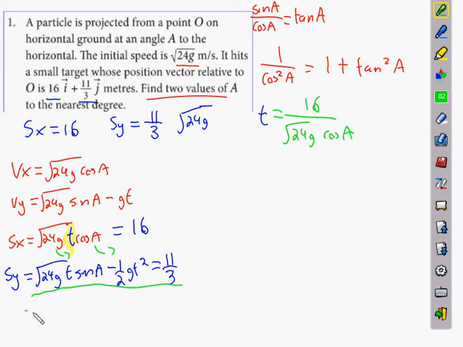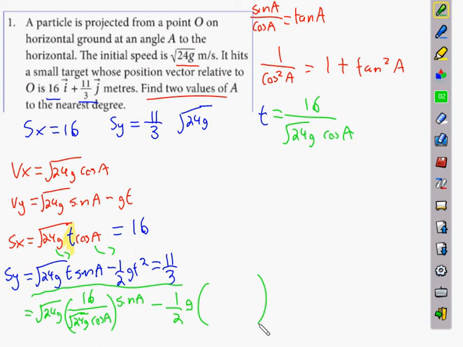So we're going to have root 24G multiplied by T, which is 16 over root 24G cos alpha, and then there's a sine alpha beside it. Then it's minus a half G, that's inside there, and T squared. What would be T squared? 16 squared being 196 or 256?